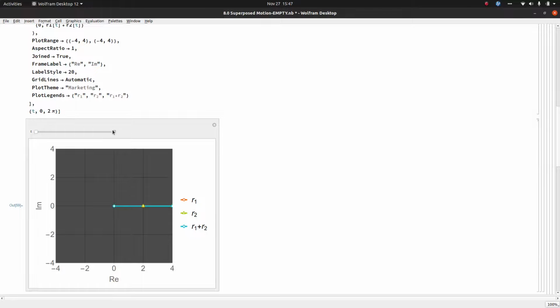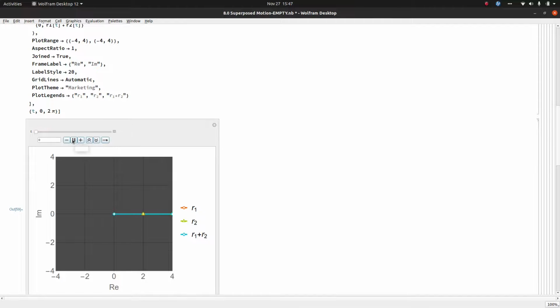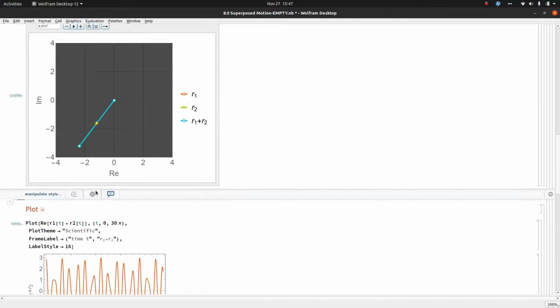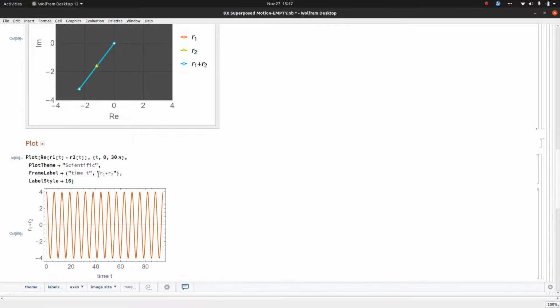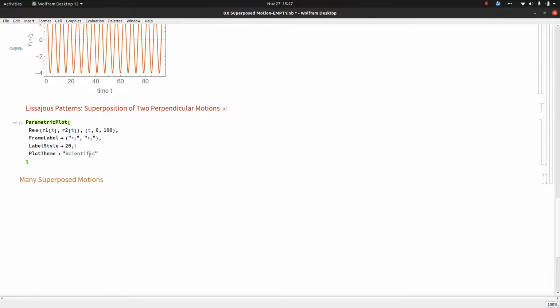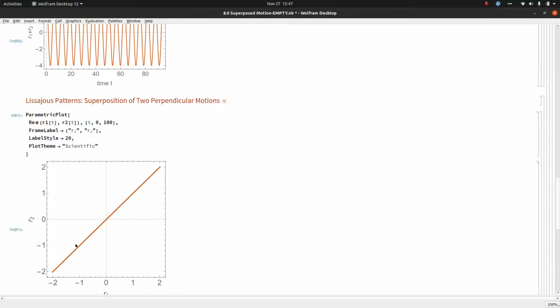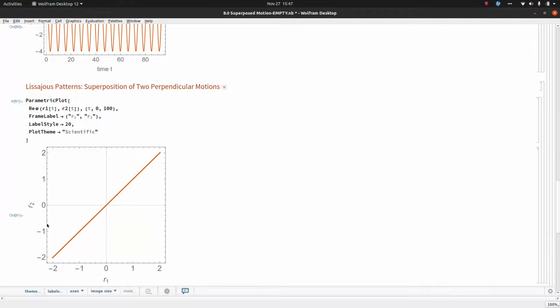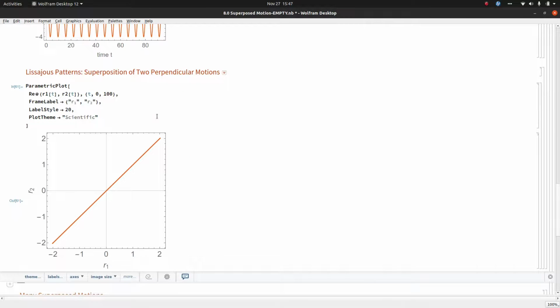You can see that'll just give me a line that's moving in circular motion. It'll give me just a sinusoidal motion for the superposed motion. And in this case, since R1 equals R2, it's just going to be y equals x. It's going to look like a plot of y equals x.